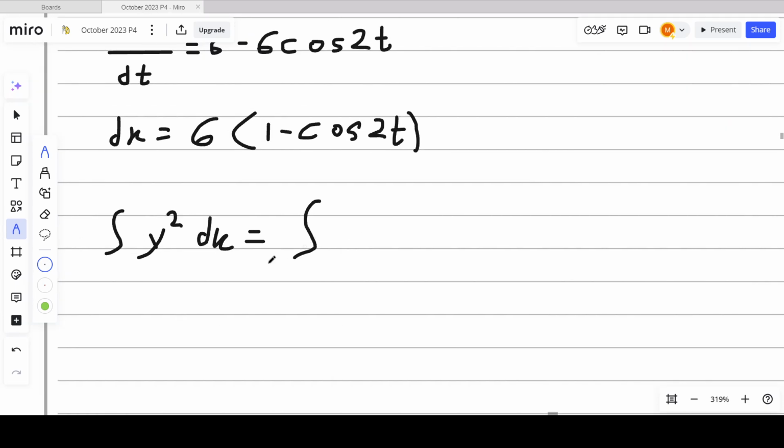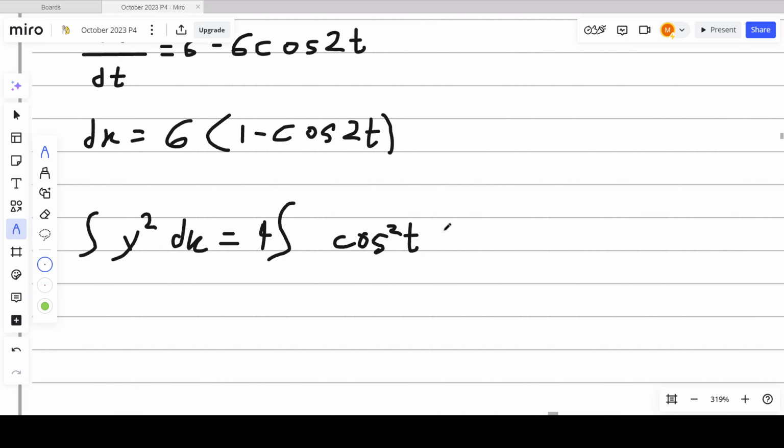Take this constant 4 outside. So 4 cos squared t and dx, so in place of dx you multiply by 6 times (1 minus cos 2t) dt. 6 times 4 is 24.